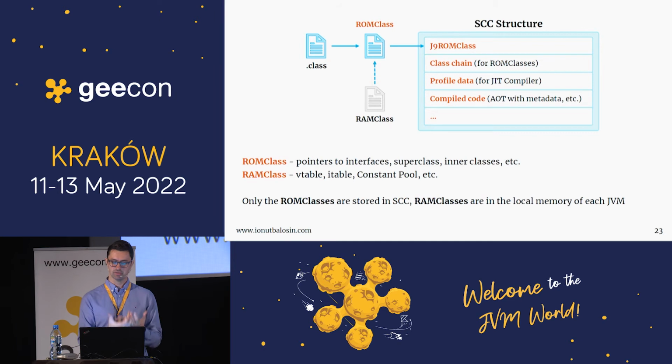This is the immutable part, and it contains pointers to, for example, superclasses, interfaces, and inner classes. So it's just a part of the class. The other part, in OpenJ9 terminology, is the RAM class, which contains all the other things and is local. So inside each OpenJ9 JVM instance, you have these RAM classes. Nevertheless, the ROM classes are shared across all of them.